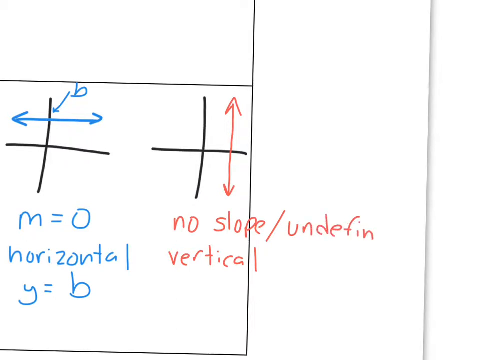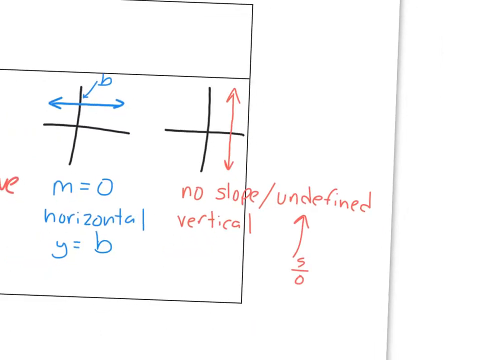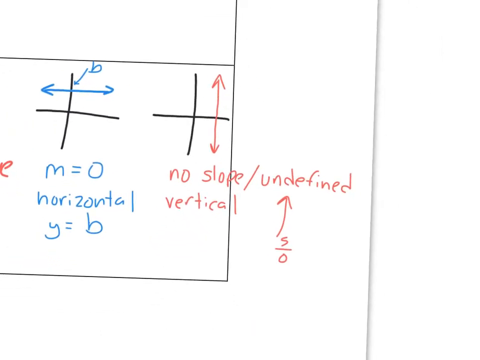Another way of looking at that, besides undefined, is when you count, you get something like 5 over 0. And because 5 over 0 is an illegal operation in math, we end up getting undefined. And that line always looks like this. X is some number. X is A, X is 12, X is 15, or whatever.